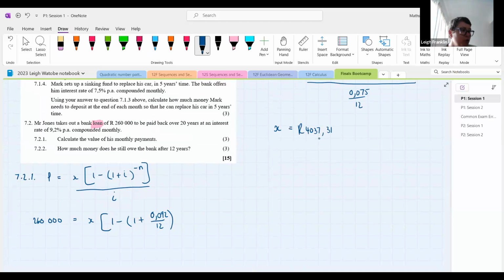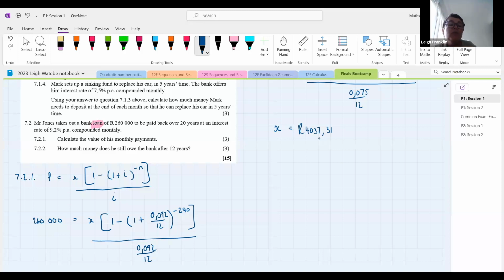We don't have to stress about calculating the value of n. It's not going to change in any way. Sometimes it can. So it would be one payment a month for 20 years, so that would be 240 payments. So this is going to be to the power of minus 240. And then all over our interest rate of 0.092 over 12.